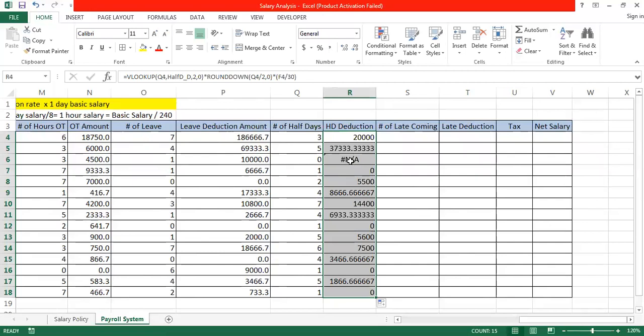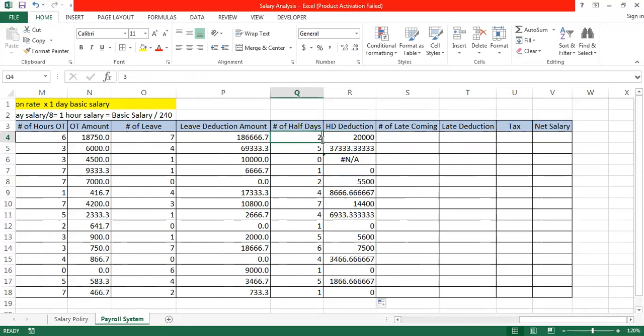On 1 day deduction, one half day is acceptable, so no deduction. On 2 half days we have deduction. On 3 half days again we have the same deduction. If I put 2 over here, again we have 20,000 half day deduction, because on the third half day there will be no deduction.